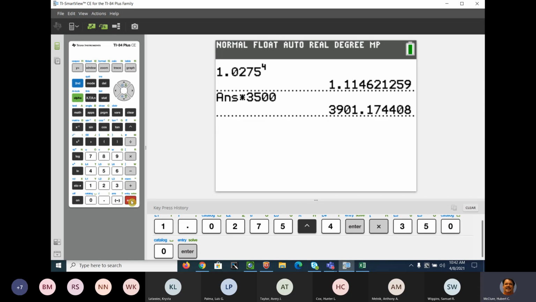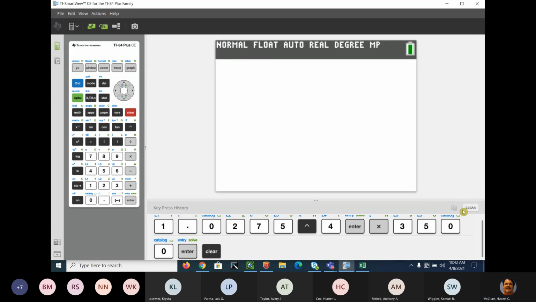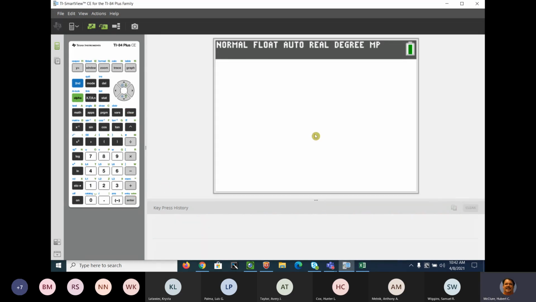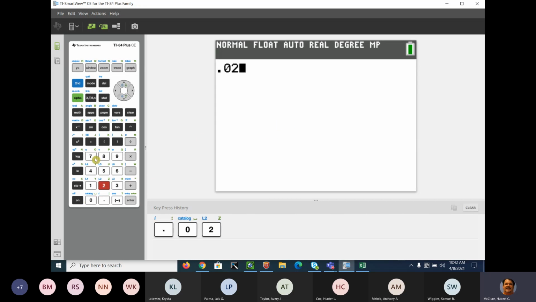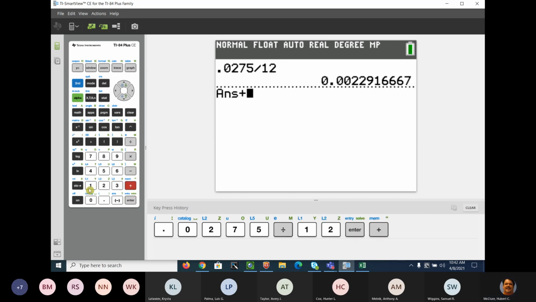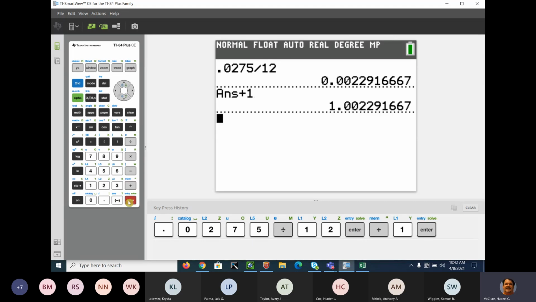The second one, we're going to take 0.0275, and we're going to divide that by 12. Add that to 1, and raise that to the 48th power.